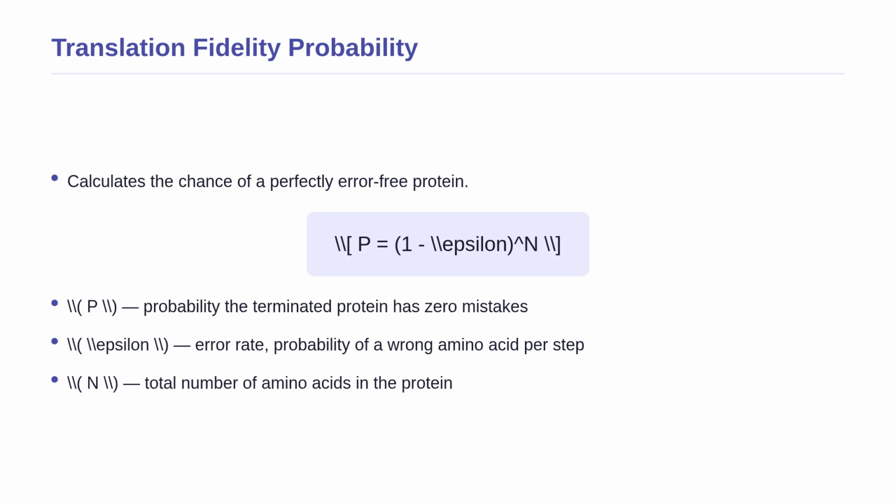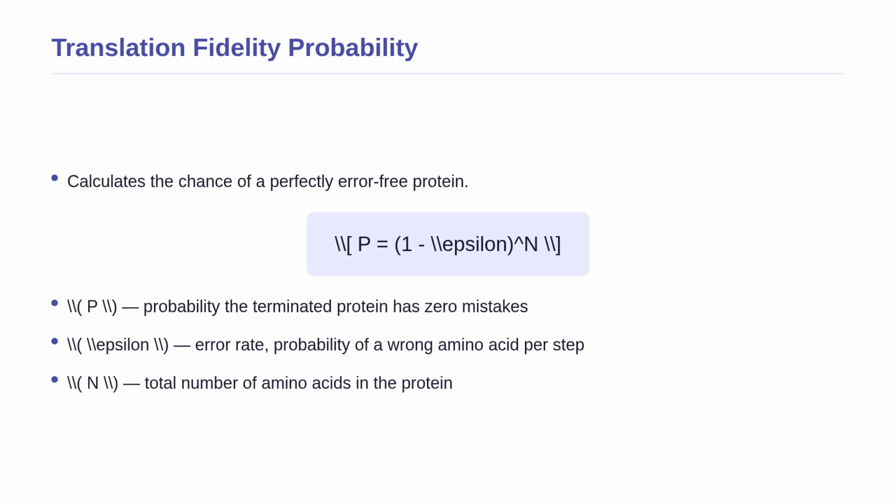Because every step must be correct to get a perfect protein, we multiply that single step probability by itself n times. In this formula, the variable P represents the overall chance, ranging from 0 to 1, that the completely terminated protein has absolutely no mistakes.